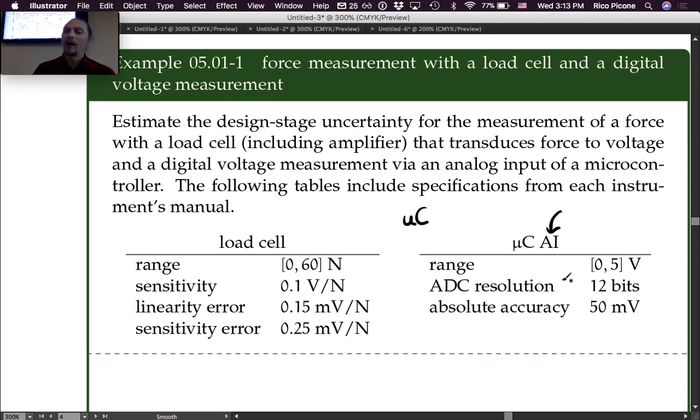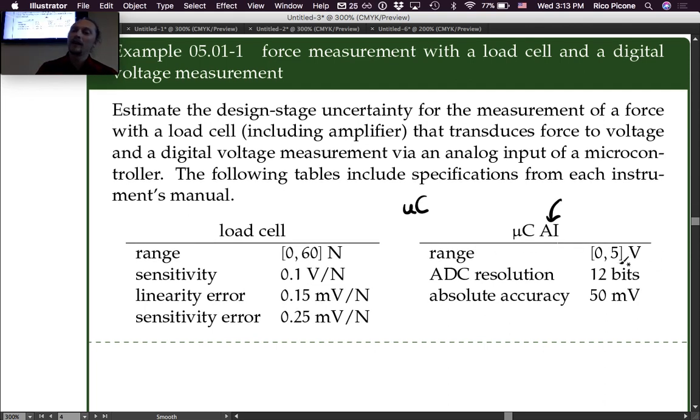So, our range for our analog input is 0 to 5 volts, but the range on the load cell goes up to 60 newtons, and the sensitivity is 0.1 volt per newton, so you could end up putting up to 6 volts into this analog input. So, there are different ways of dealing with that.